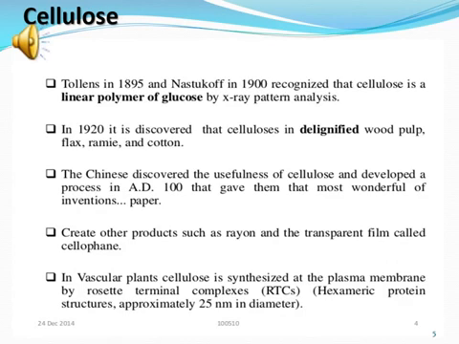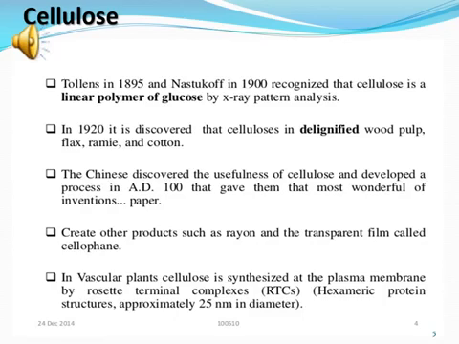Torrance in 1895 and Nestokoff in 1900 recognized that cellulose is a linear polymer of glucose by X-ray pattern analysis. In 1920, it was discovered that cellulose is in the lignified wood pulp, flax, ramie and cotton.